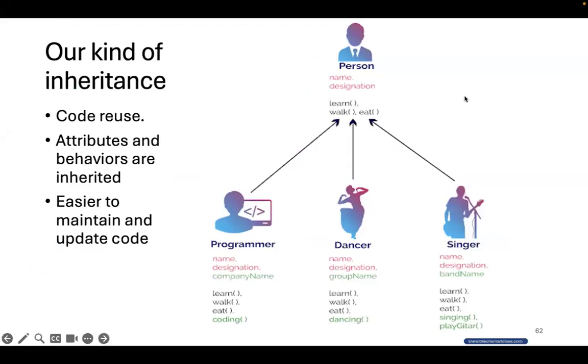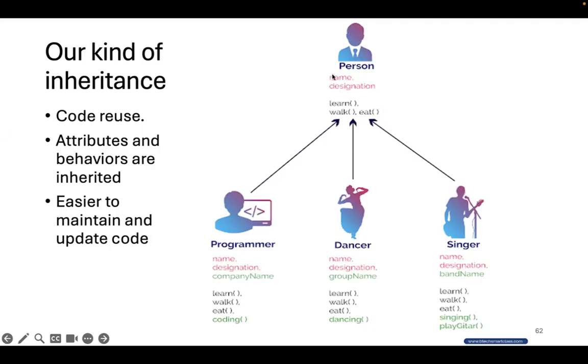So our kind of inheritance is all about reusing code, where we write some code and we want to be able to reuse these things in later code that we write. So this is an example where we're going to see something like this, maybe a simpler version, where let's say we've got a person class.